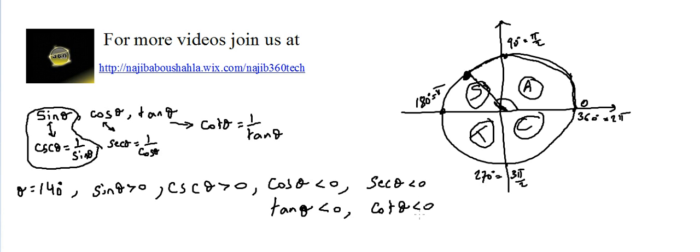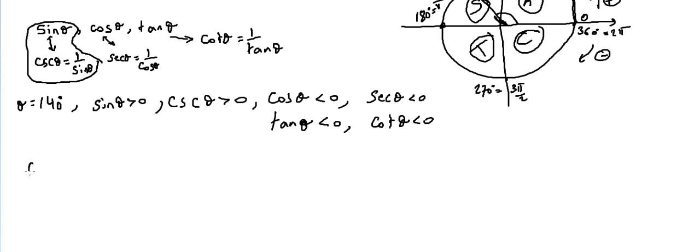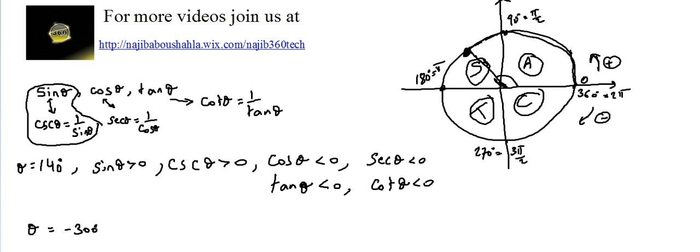Let's take another example. If theta is negative 300 degrees, for sure counterclockwise is the positive sense, and the negative sense is clockwise. If theta is negative 300 degrees, how can we find the sign of the trigonometric functions? Let's go in the negative sense 300 degrees.